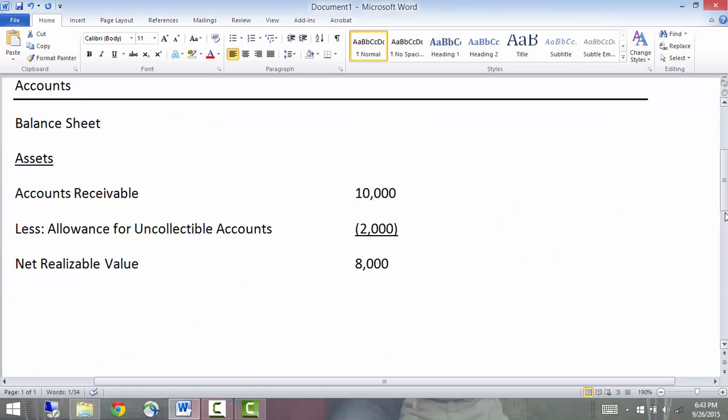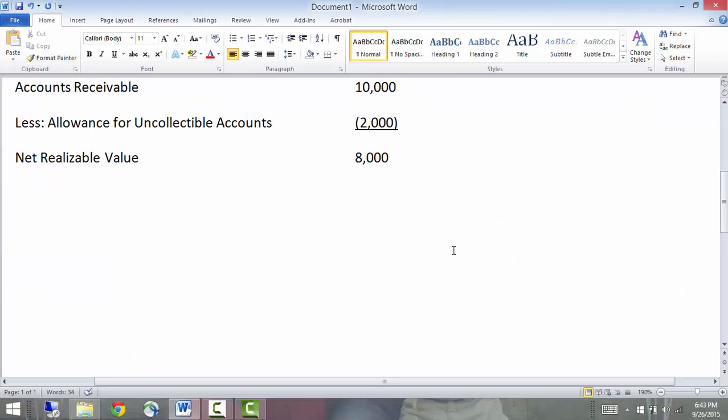I'll just write them. The two methods are percentage of sales, or sometimes it's the percentage of credit sales. So the focus there is how much of our sales will go uncollected, right? The percentage, and management would have to make that call.